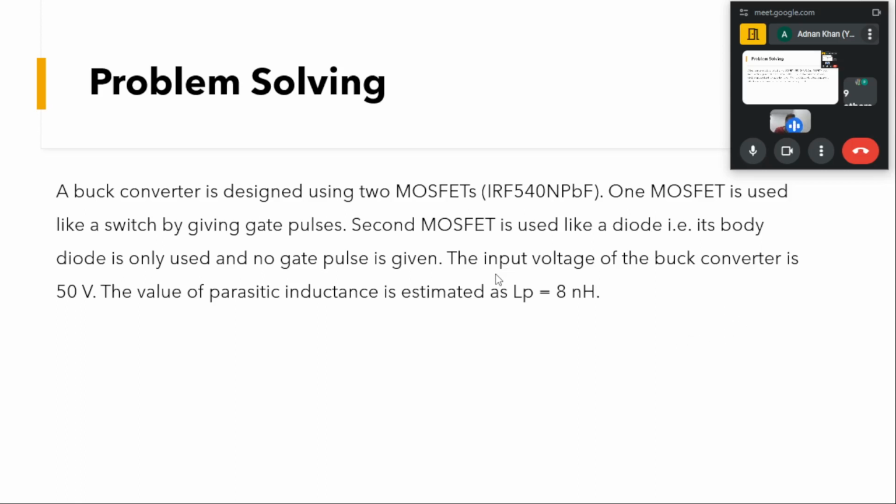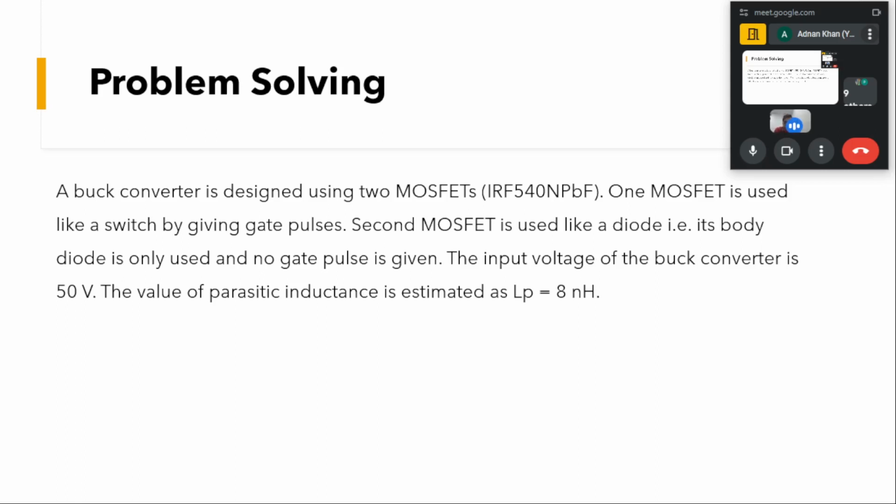The input voltage of the buck converter is given as 50 volts, and the value of the parasitic inductance is estimated as 8 nanohenry. This has been done by some tests and by some analytical methods, where we use software like Maxwell and so on, and they have calculated this value.